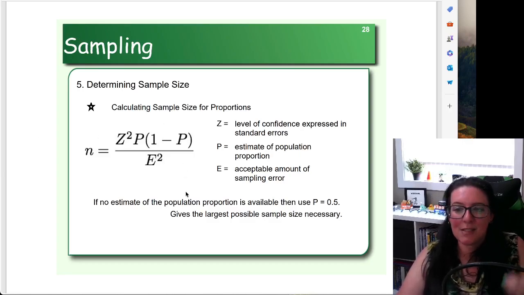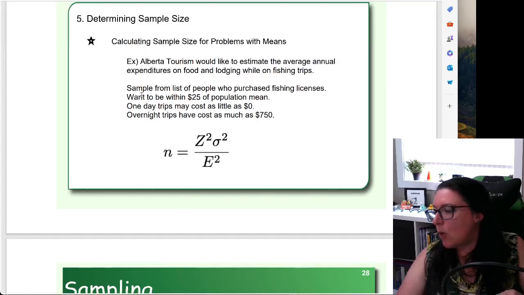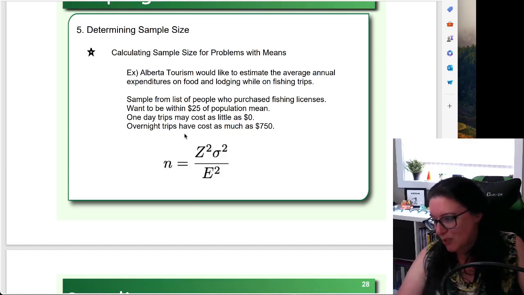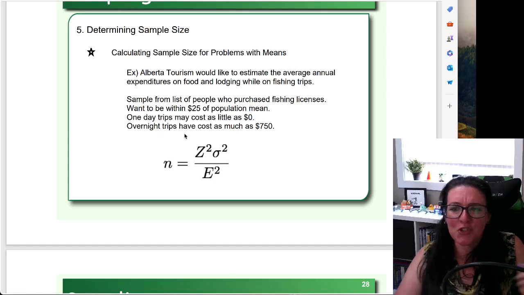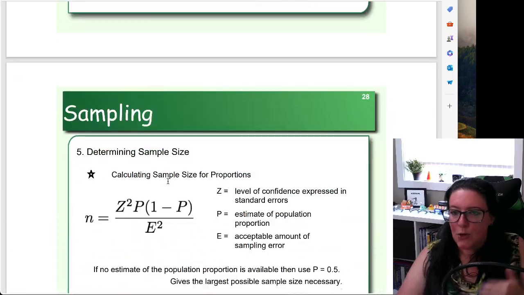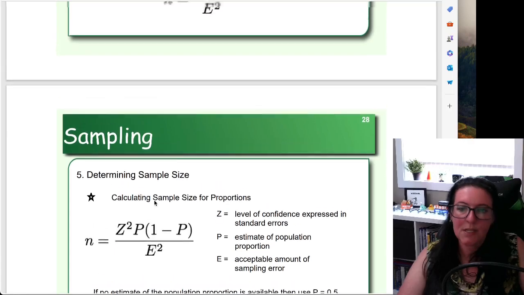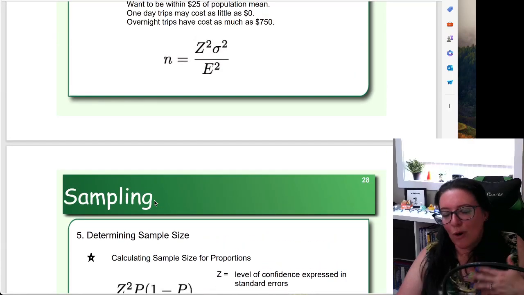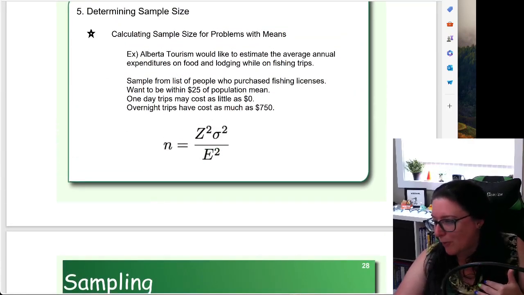Those need a different sample size than questions we would summarize with a mean, like how much do you spend? In this case, we're looking at the average spending on fishing trips. They would require a different sample size. And so you do this test for different types of questions, and whichever the bigger number is, you go with that one for your minimum sample.